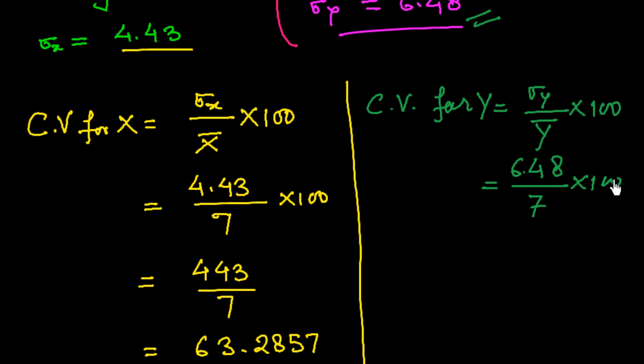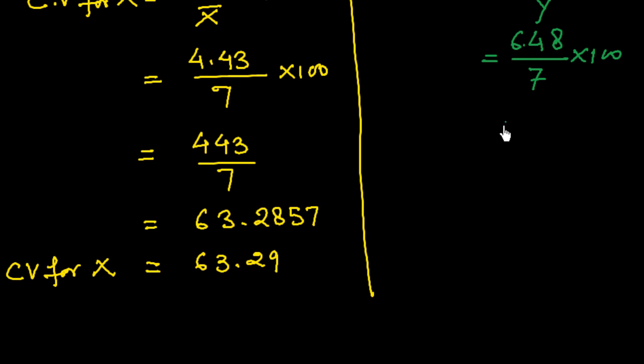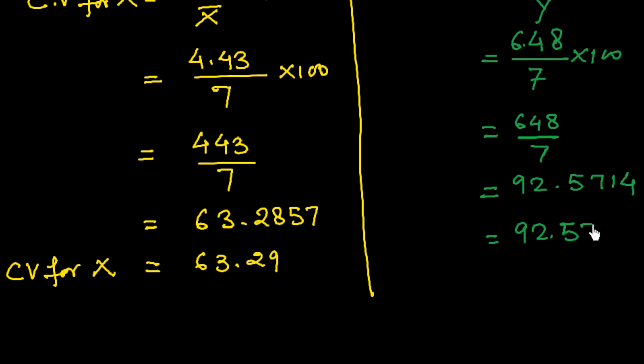So we see what happens now. So it is 648 over 7, which is 92.5714. So we get here 92.57. So this is the coefficient of variation for y.